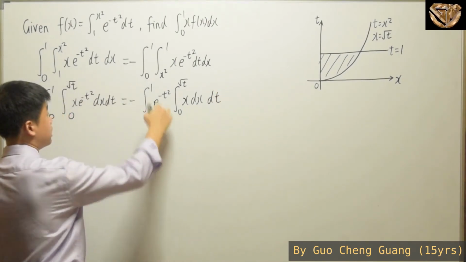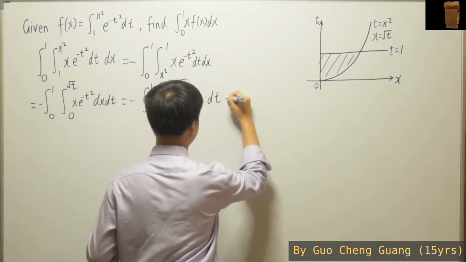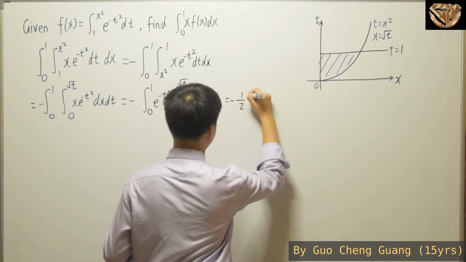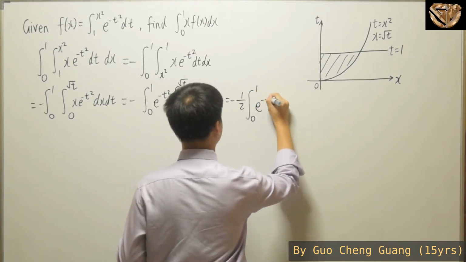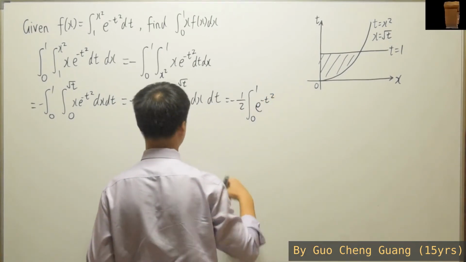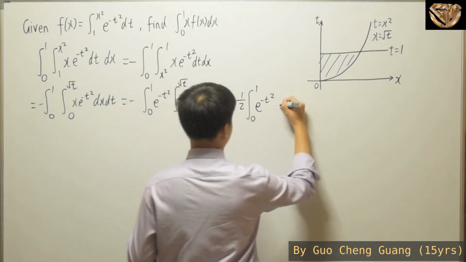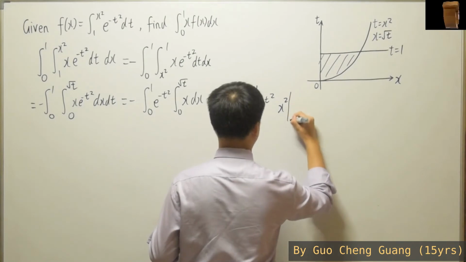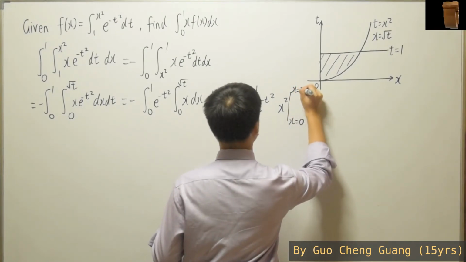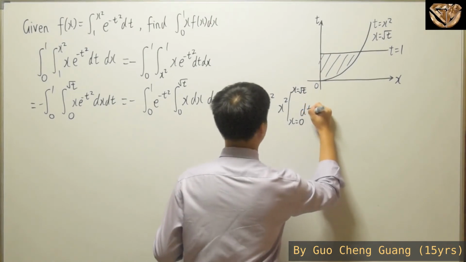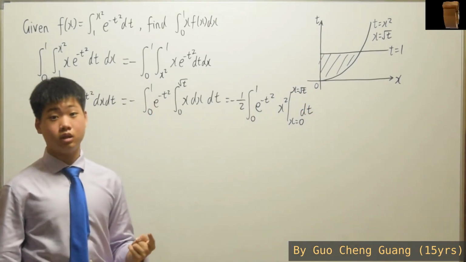So we integrate whatever is inside here. That will give us negative half, integral 0 to 1, e to the power of negative t squared, and we substitute x equal to 0 and x equal to square root t, dt.